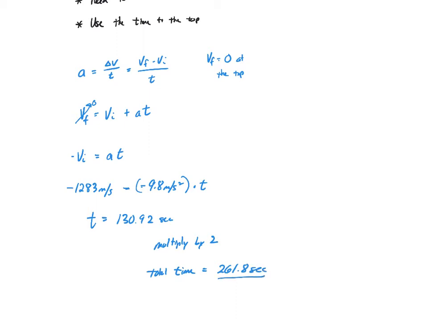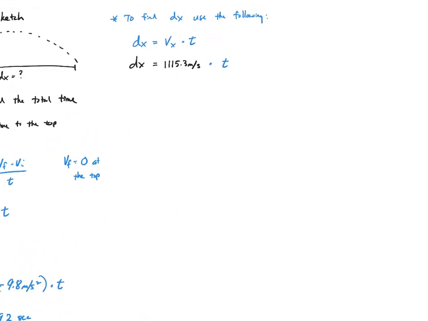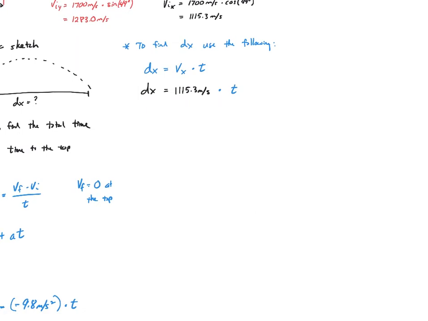Now I'm going to take that answer and plug it into the time in that first equation we talked about. So the horizontal velocity times the time that it's in the air, in this case the 261 seconds, will give me that horizontal range.